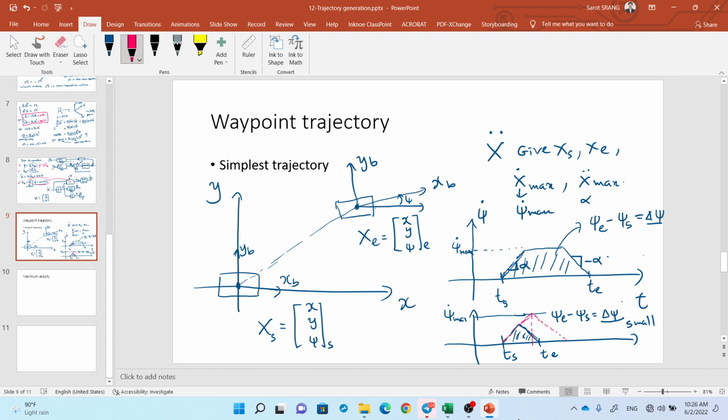And then when the velocity reaches the maximum, what is tau? When psi dot reaches psi dot max, you can find tau peak. Tau peak equals psi dot max over alpha.